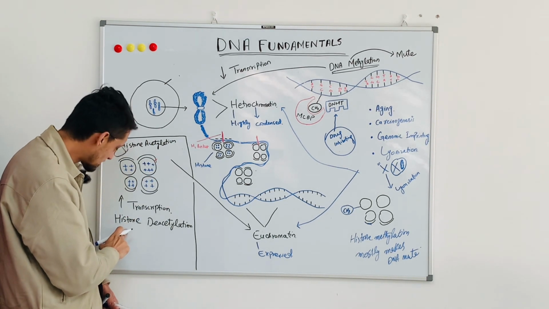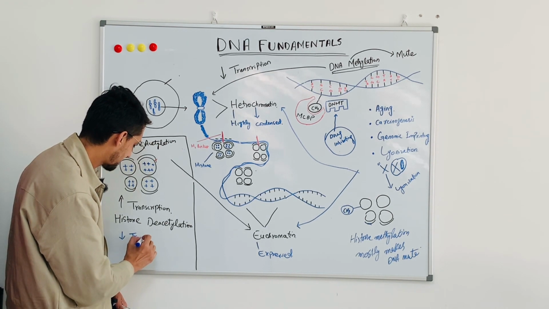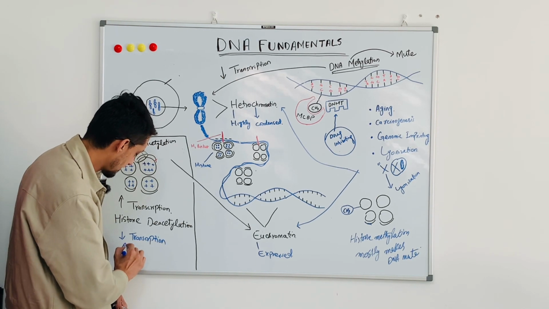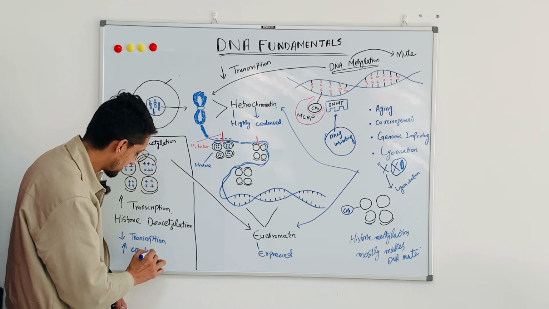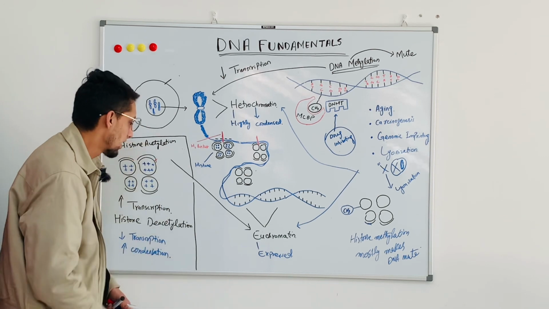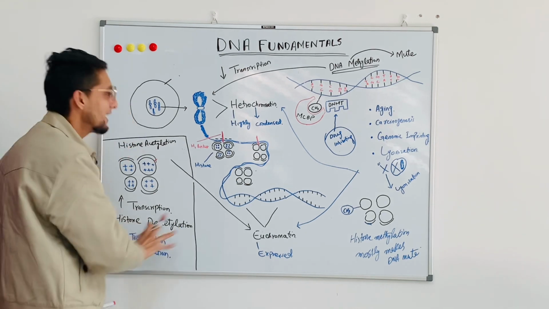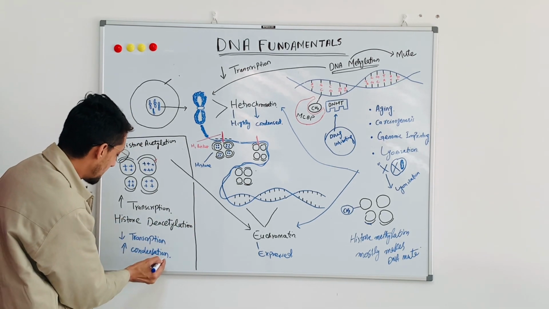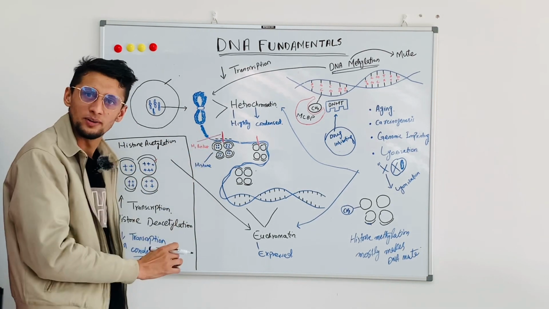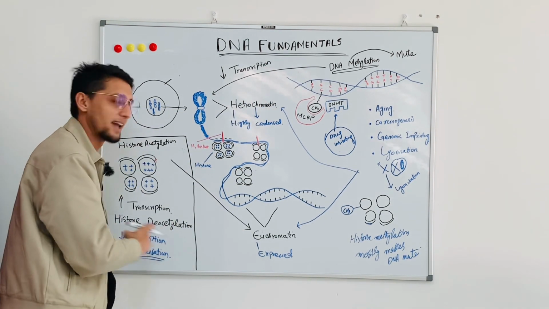So in histone deacetylation, there is decreased transcription, making more condensation, right? So you can say DNA methylation and histone deacetylation both are condensing the DNA, tightening the DNA, making the heterochromatin.